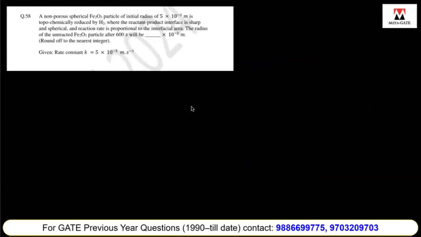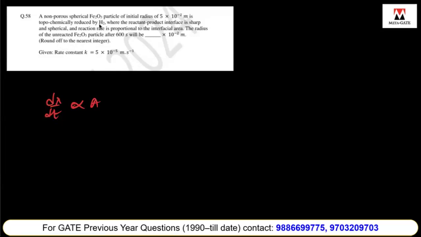The reaction rate is proportional to interfacial area, dr by dt, and the radius of the unreacted Fe2O3 particle after 600 seconds will be.